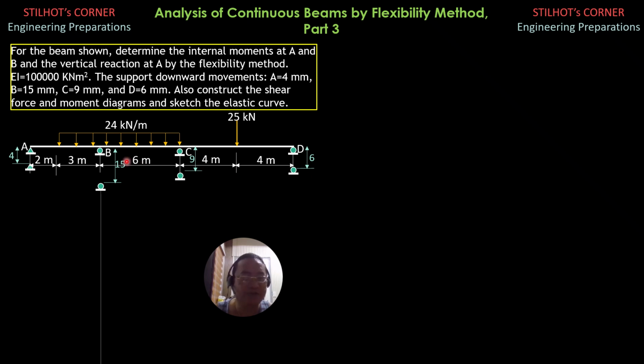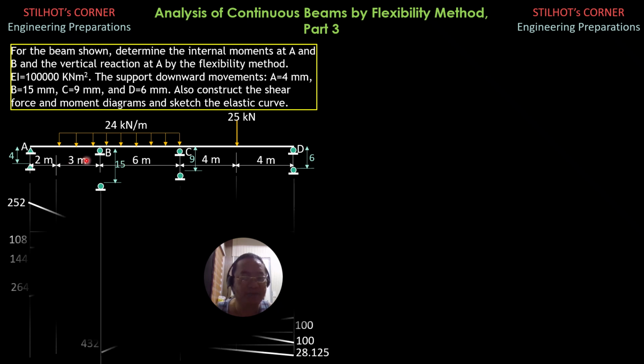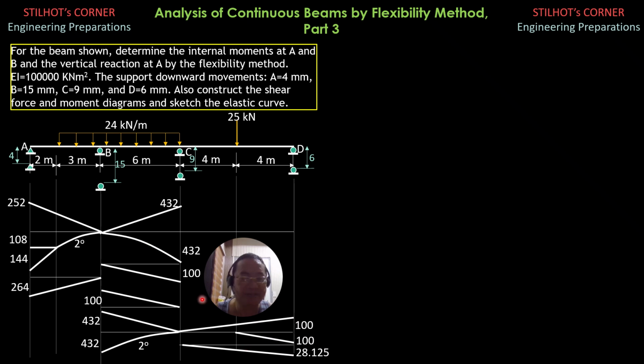So let's draw the moment diagram by parts, treating each segment as simply supported, and I will explain the values here. First, due to the load, we have 24 times 3 times 1.5, and that is 108, second degree. Because we compute the moment about A, there is a couple at this end, 108.